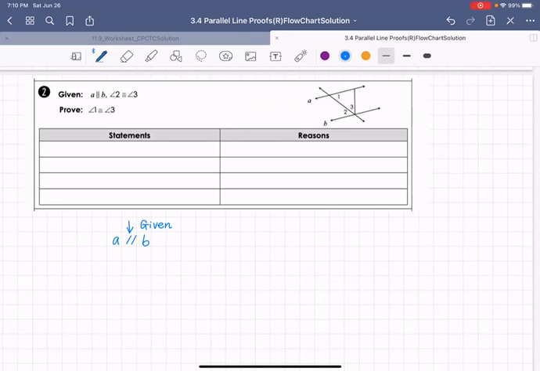Angles 1 and 2 are alternate interior. Yes, very good. So angle 1 will be congruent to angle 2, right? Yeah. Okay. You want to write down here is? Alternate interior angles. Very good.